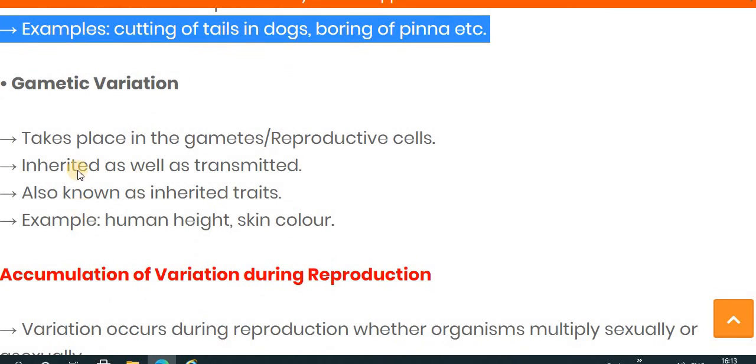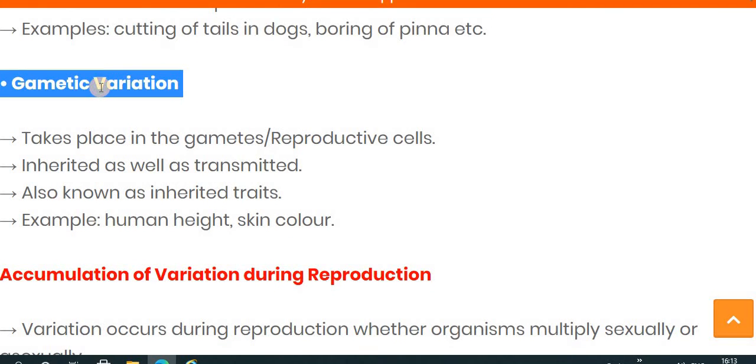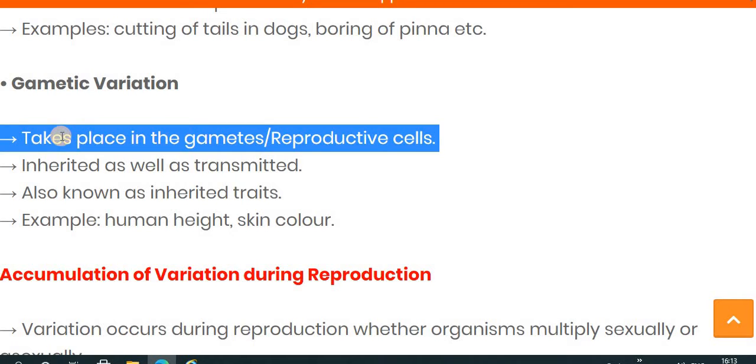Now let's see the next type of variation, gametic variation. As per the name, we can tell that gametic variation is related to gametes, meaning it is definitely inherited. It takes place in the gametes, which are sex cells responsible for reproduction, so they are also known as reproductive cells.